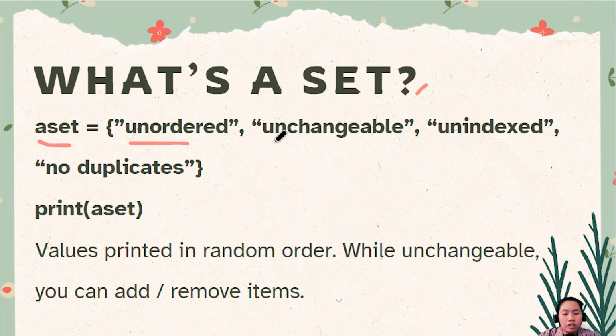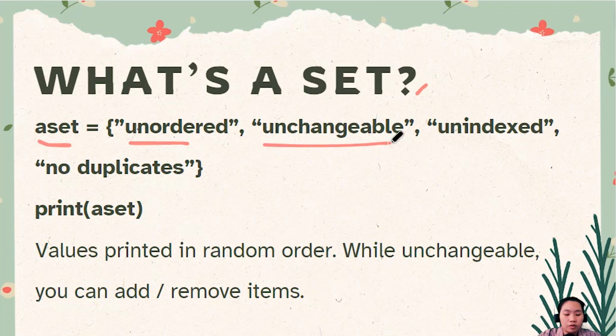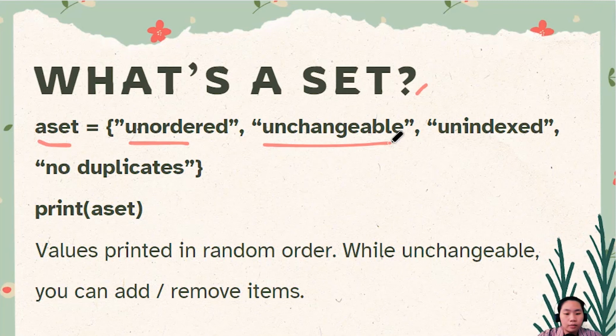Now, it is unchangeable. Unchangeable, but unlike a tuple, there are a few nuances and a few scapegoats that you can use to bypass this innate property. While the values that you have assigned to a set once it is created are unchangeable, you can add and you can remove values.